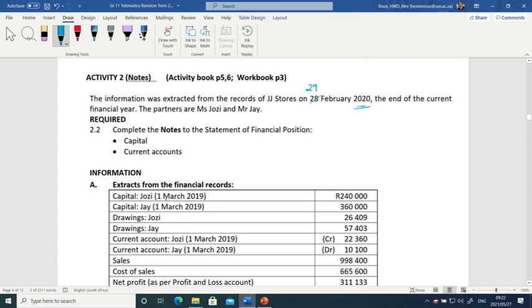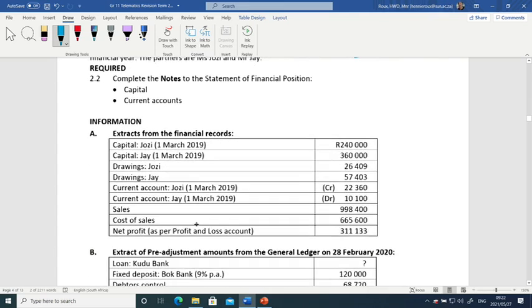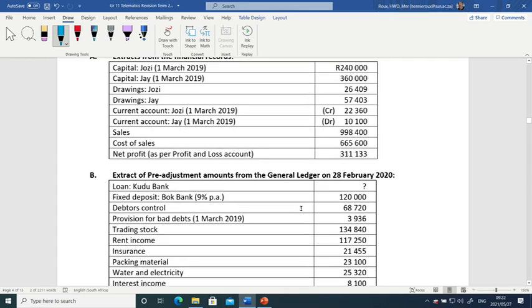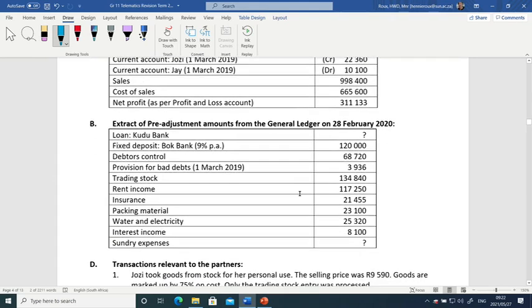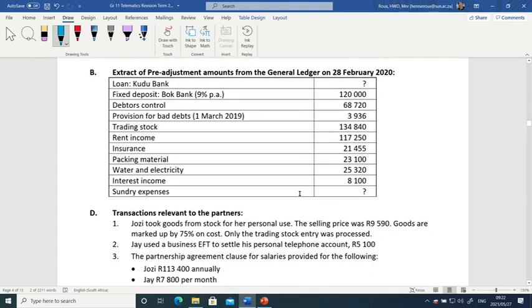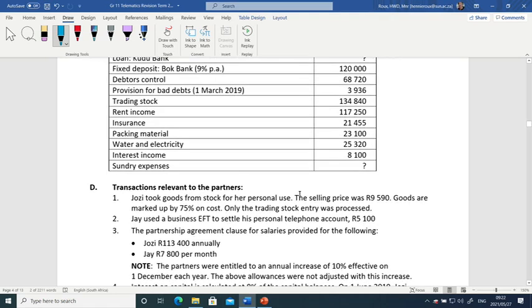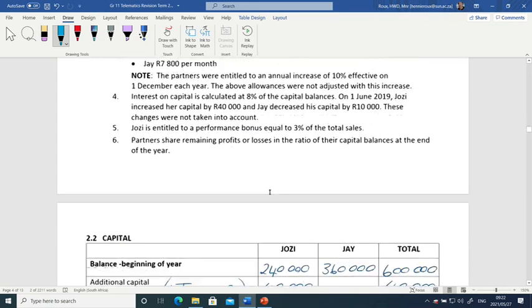Same information, capital at the beginning, current accounts at the beginning, look at the debit-credit balances, pre-adjustment amounts from the general ledger at the end of the year, and then we look at information D. Information C, we've used that in order to do the statement of comprehensive income, and now we look at information D in order to do the notes to the statement of financial position.